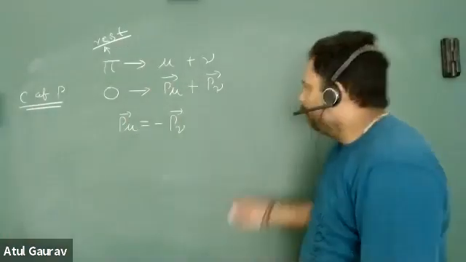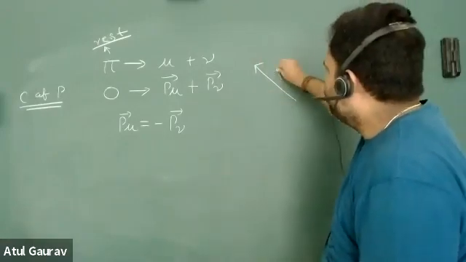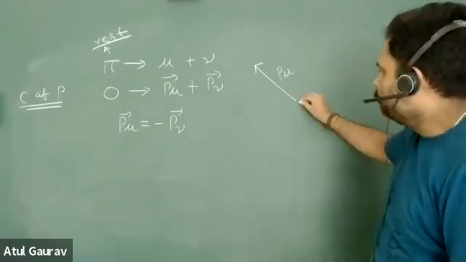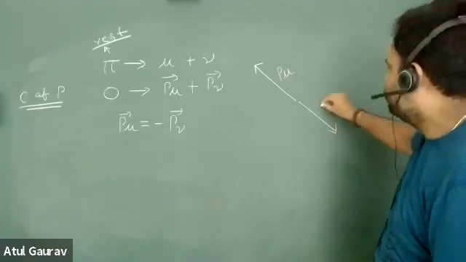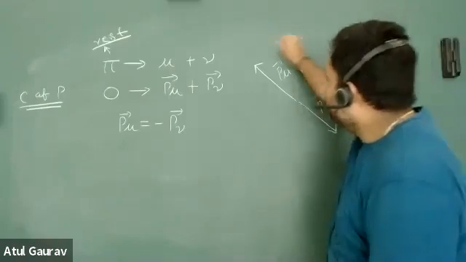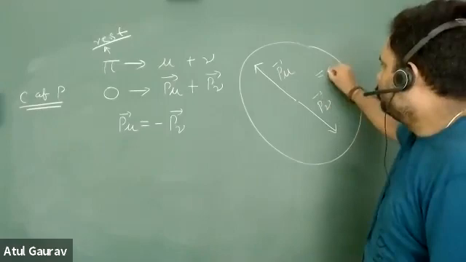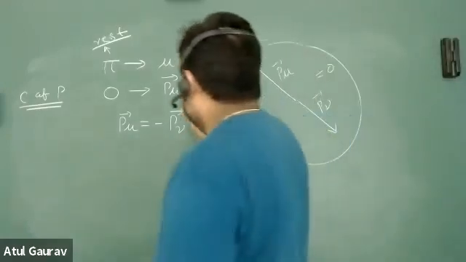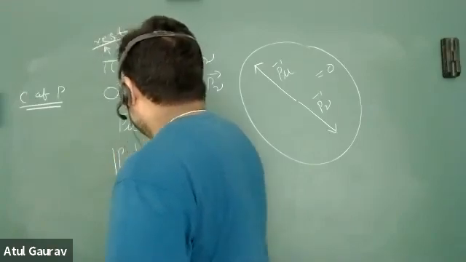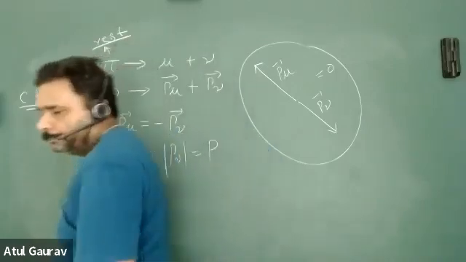If one particle is moving in this direction with some momentum P mu, then another particle has to move in the exact opposite direction with P nu, such that the total momentum of the system must be equal to 0. So why can I say the magnitude of P mu must be equal to the magnitude of P nu, equal to P.